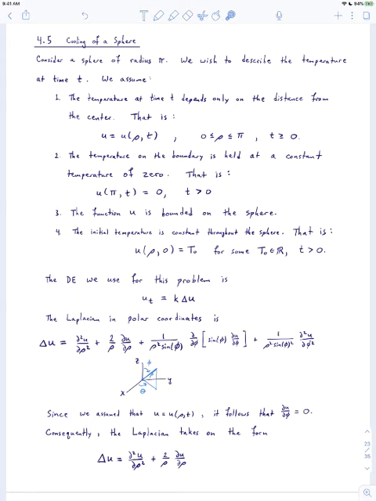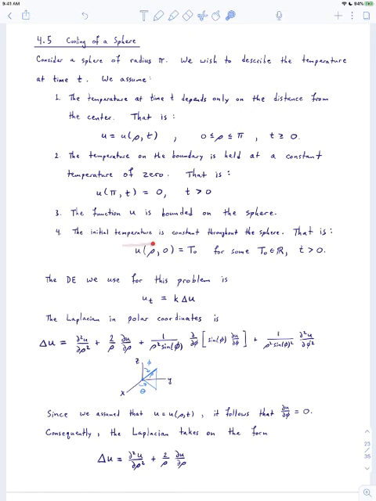So our third assumption is that the function u is bounded on the sphere, which seems like a reasonable assumption to make. Fourth, the initial temperature is constant throughout the sphere. That is, u at rho comma t, well, t is equal to 0, so I almost said u at rho comma t, but t is equal to 0.